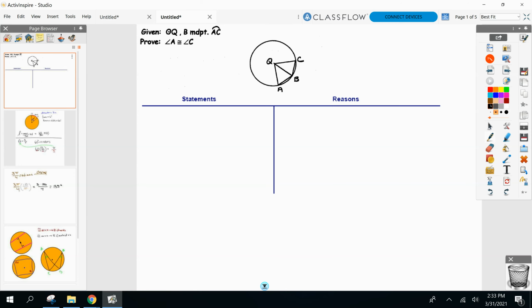The only way I'm going to do that is to prove the triangles congruent, because A and C are not inscribed. By the way, for a little bonus challenge, anybody know why A and C are not inscribed even though A and C are on the circle?